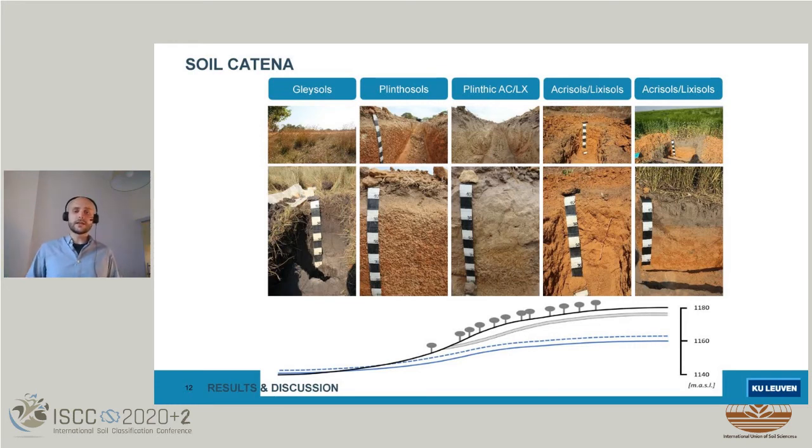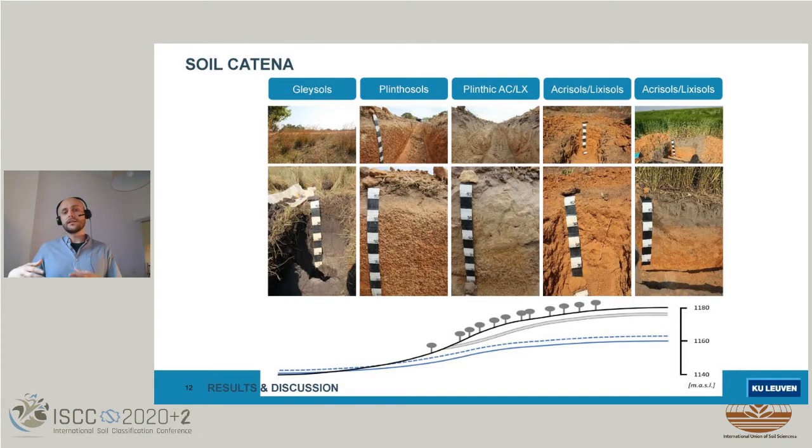we encountered a recurrent pattern of plintosols with plintic, often pisoplintic and petroplintic materials, and sometimes even huge petroplintic slabs coming near the surface or even being completely at the surface. And then when we move more upwards, of course, there is a gradual transition towards plintic acrisols and lixisols.